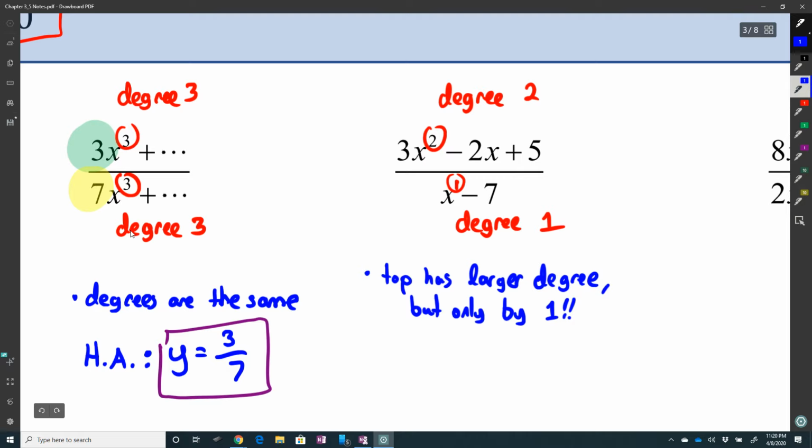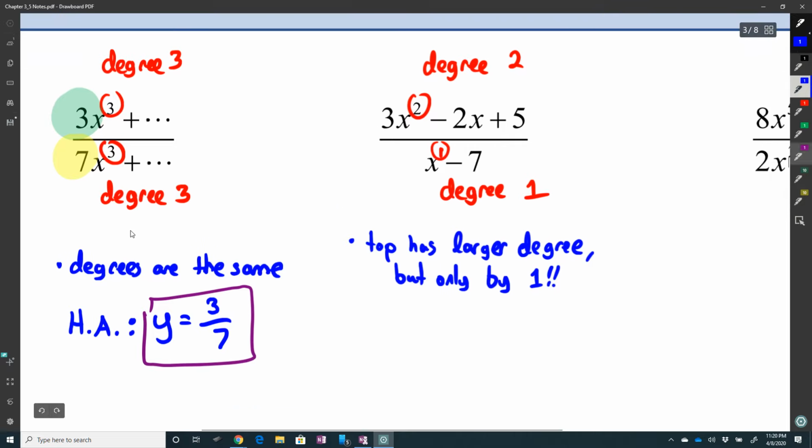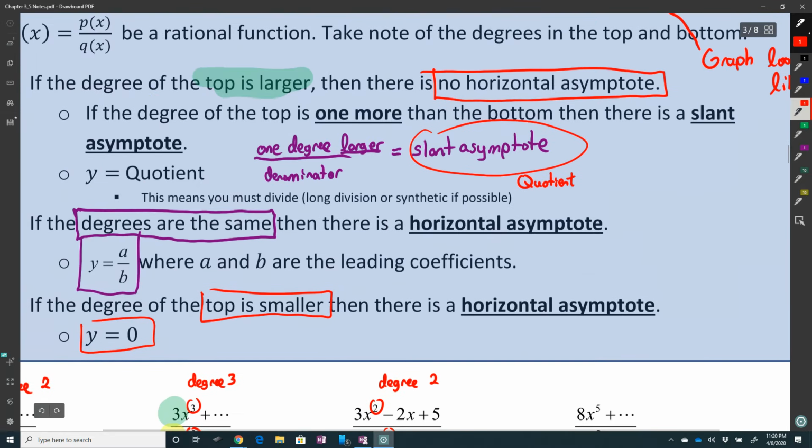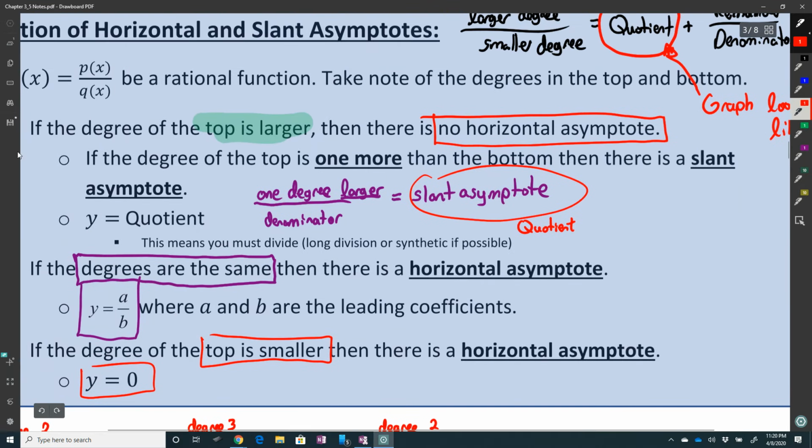Okay? So if that's the case, then first of all, there's no horizontal asymptote, because the top is larger. That's what this rule up here was saying that I was trying to explain and kind of butchered it. If the degree of the top is larger, no horizontal asymptote.